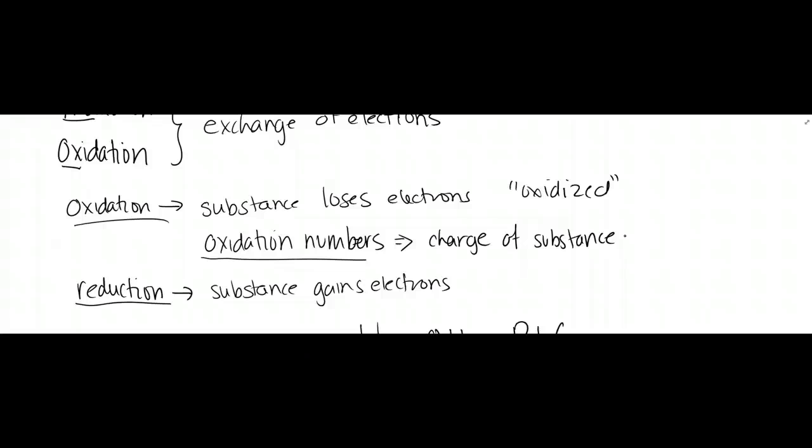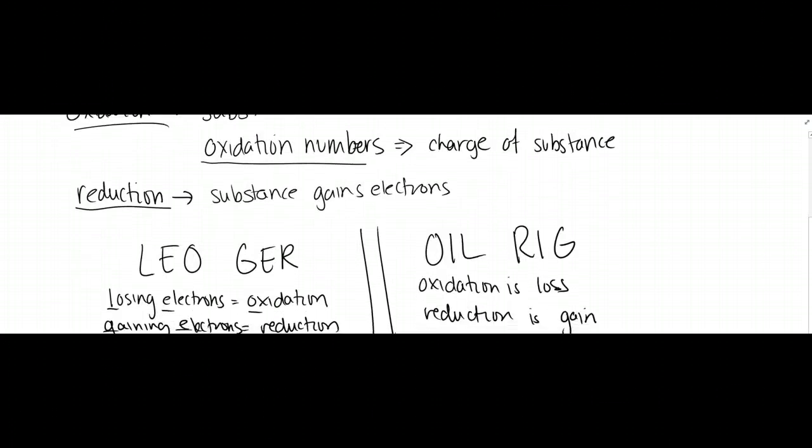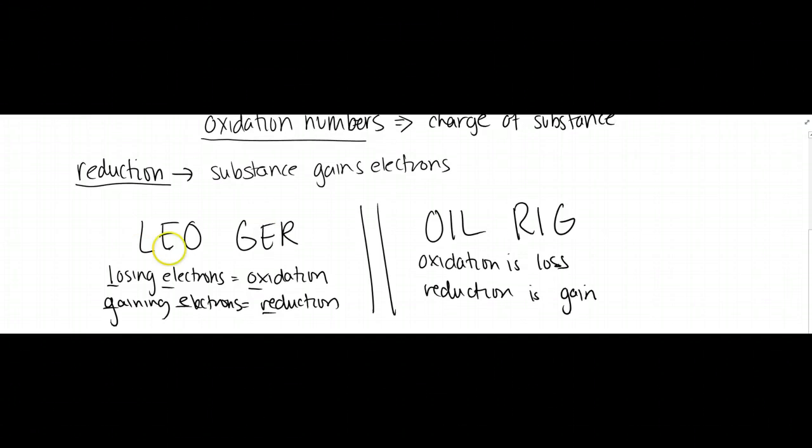If you're wondering how you're going to remember the difference between oxidation and reduction, that one loses and one gains electrons, there are a couple of mnemonics that are commonly used. The first one is Leo the lion says grr. Leo, like the constellation, and grr, like the sound the lion makes. LEO stands for losing electrons is oxidation, and GRR is gaining electrons is reduction.